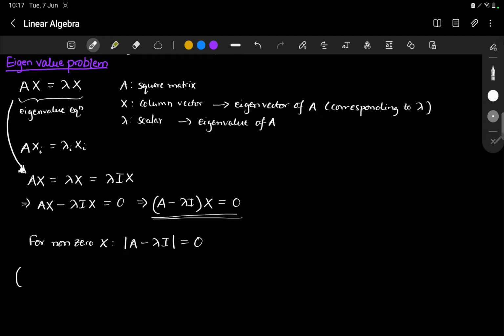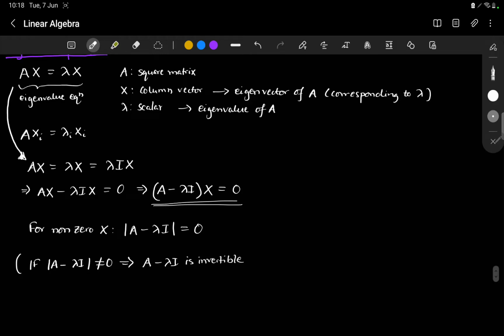If the determinant is non-zero, then that means the matrix A minus lambda I is invertible. We saw in one of the previous videos on the inverse of a matrix that a matrix is invertible only when its determinant is non-zero.